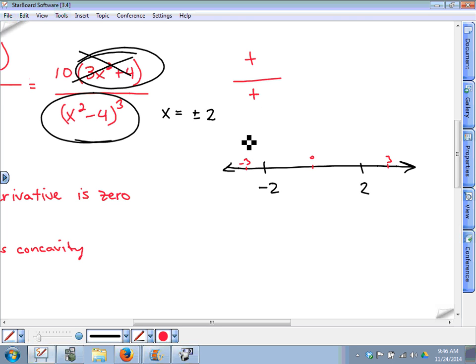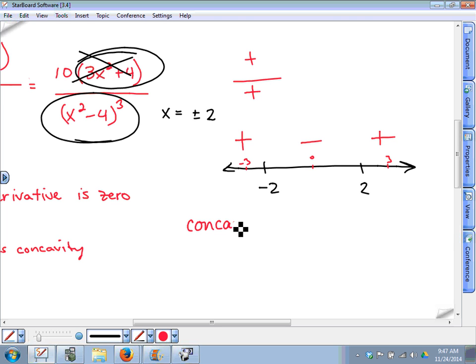That's positive. So we have a positive region there. If x is 0, then we have 0 squared minus 4 cubed. -4 cubed is negative. So it's a negative region right there. And if x is +3, 3 squared is 9 minus 4 is 5 cubed is +125. So these points are points of inflection because they change concavity.